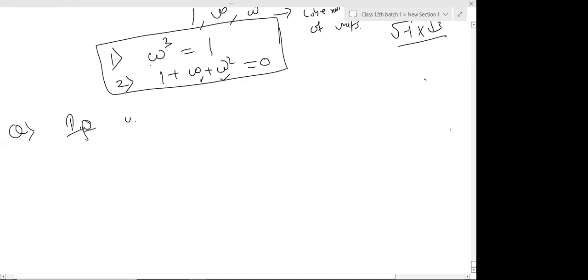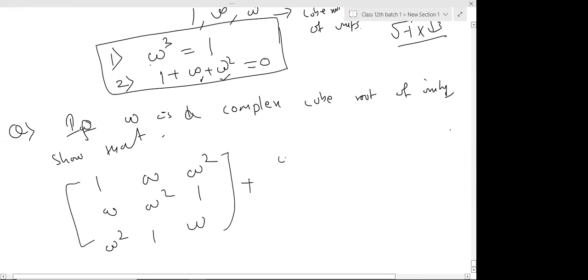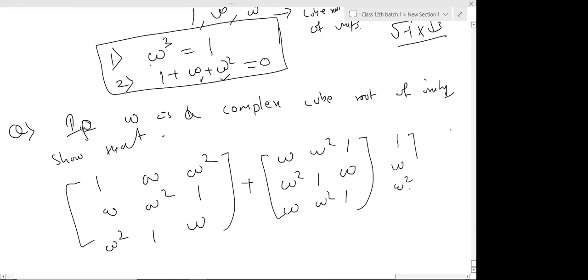If omega is a complex cube root of unity, show that (1 + omega square)(1 + omega) plus (omega square)(1 + omega square)... multiplied by (1 + omega square) is equal to 0.